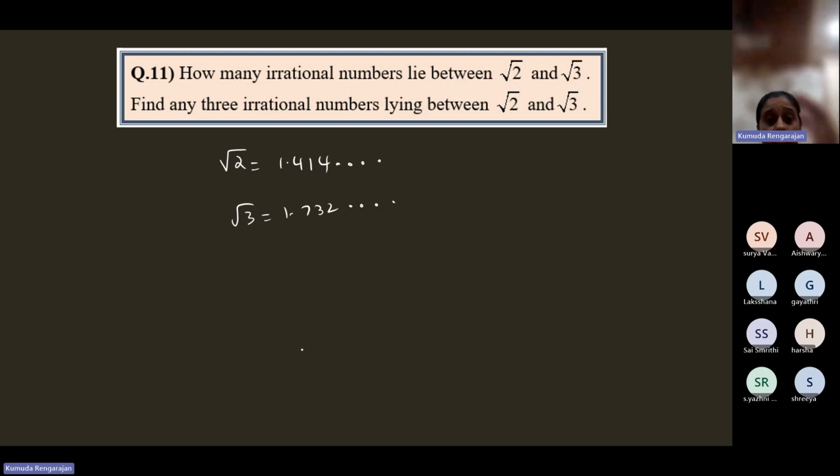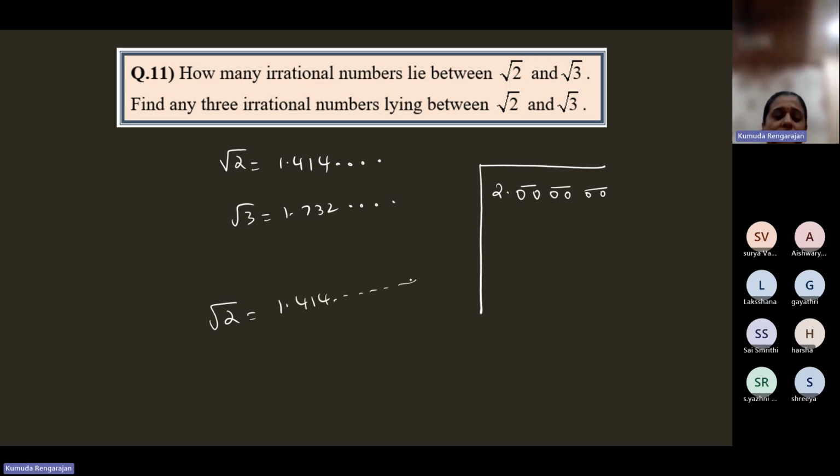You don't have to perform the square root division which we've learned in standard 8. Remember the value of √2 is 1.414, and √3 is 1.732. Remember these values. And now insert irrationals between them.